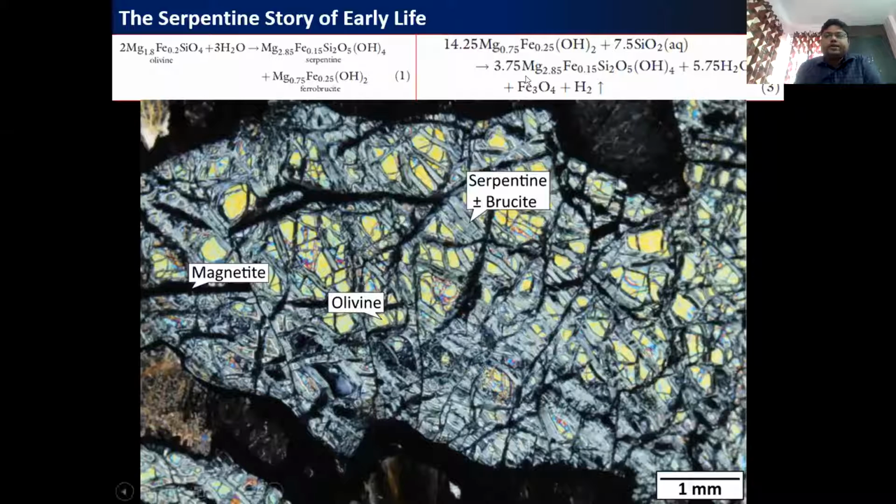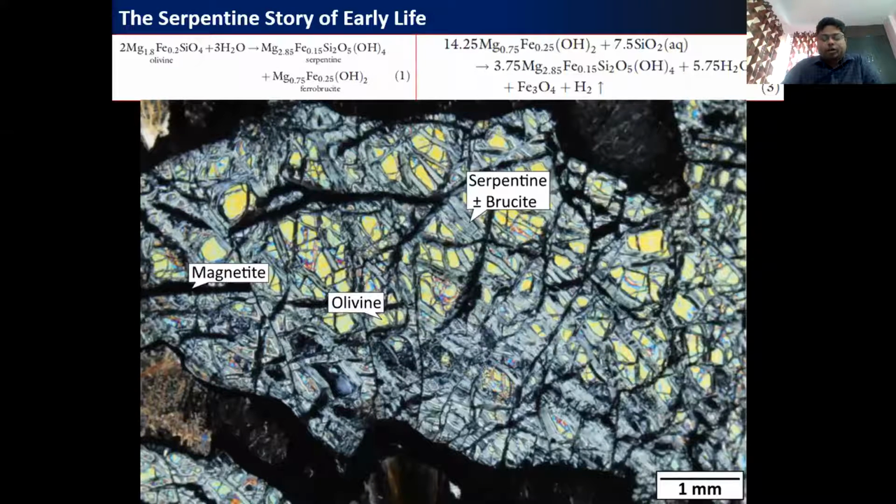You see the same elements were present in serpentine, MgFeSiO, only the OH came into the serpentine structure from the parent olivine, and this OH came from water. So what about the leftover H plus? This leftover H plus bonds with another H plus and produces H2. So one of the inevitable results of the serpentinization reaction is the production of H2. Whenever serpentinization happens, H2 will definitely be produced.